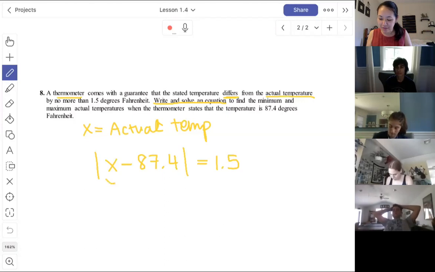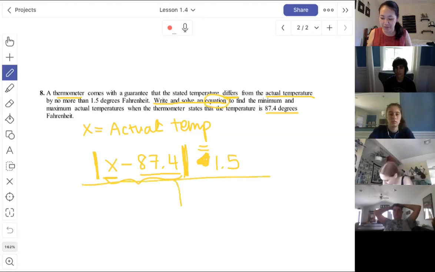So the difference between the actual temperature and what the thermometer states, which is 87.4, will be no more than 1.5. Technically, this should be less than 1.5, but because they wanted an equation, that's why I made this an equal sign. Okay. And then to solve the equation, we're going to go ahead and split this up.